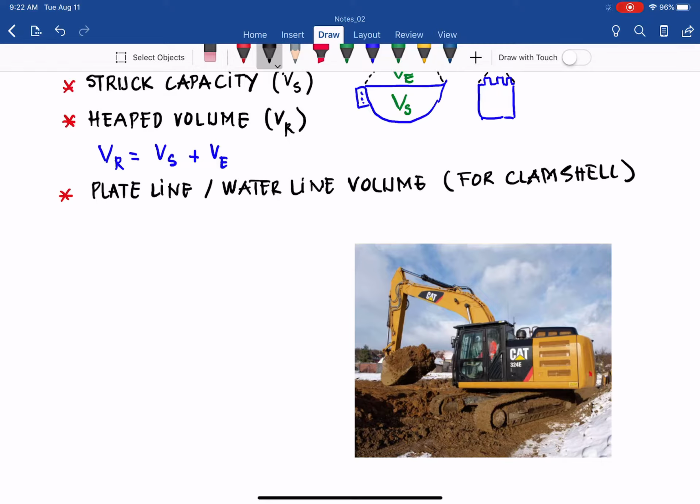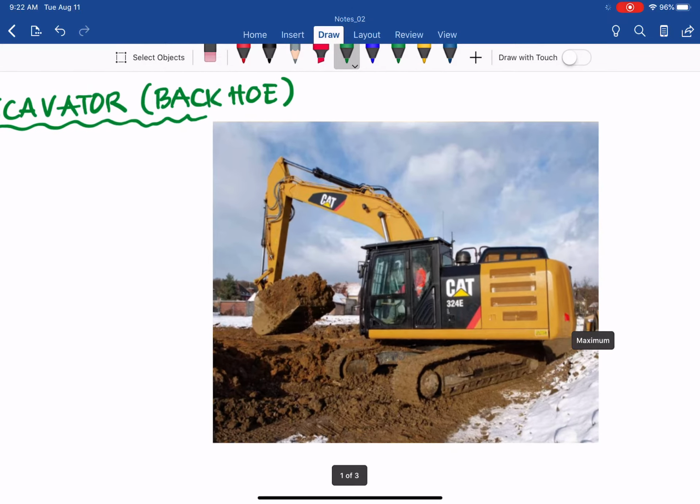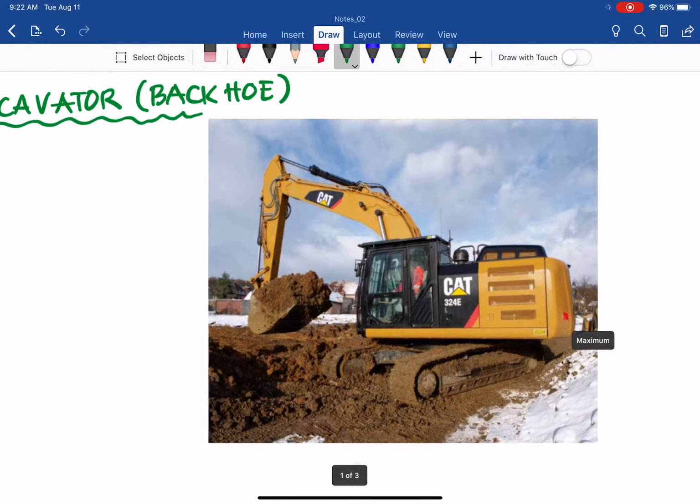The most popular one, I can say, is the hydraulic excavator, with the image just shown there. The hydraulic excavator, normally people also call it a backhoe, by the bucket, as you can see at the back, like that. Backhoe. This image here is a Caterpillar 324E model, and this is a hydraulic excavator.